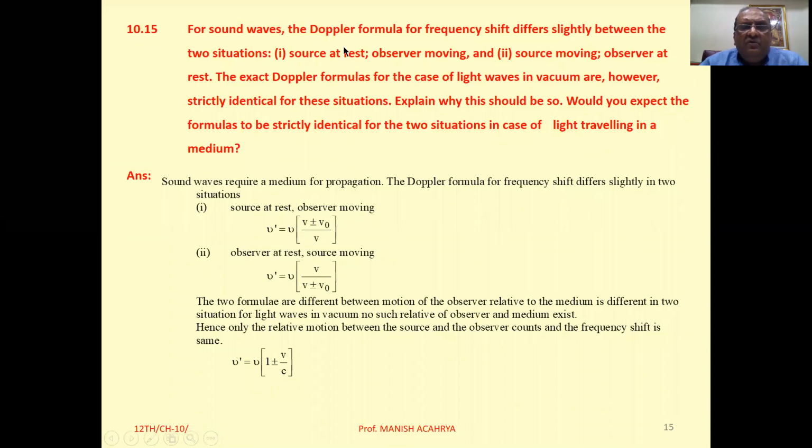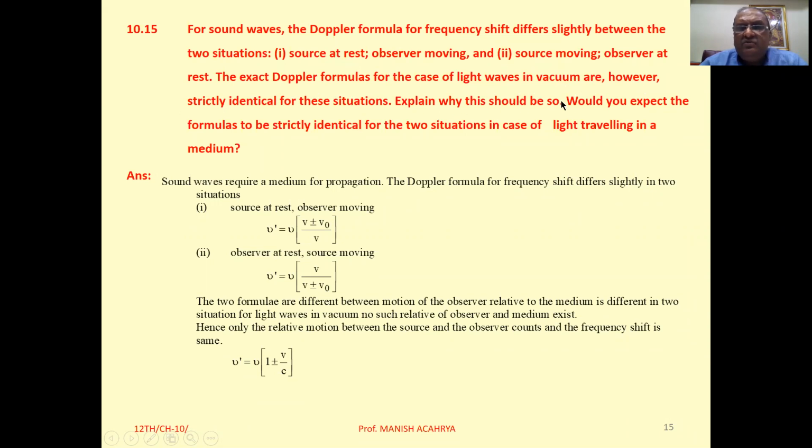10.15. For sound waves, the Doppler formula for frequency shift differs slightly between the two situations: source at rest, observer moving, and source moving, observer at rest. The exact Doppler formula for the case of light wave in vacuum are, however, strictly identical for these situations.